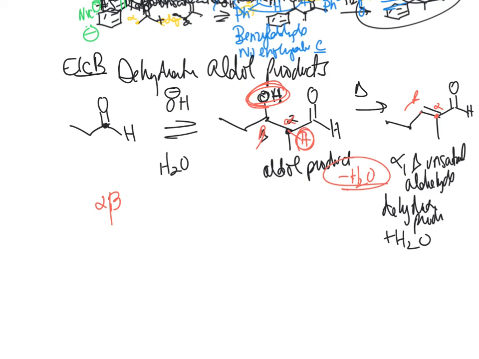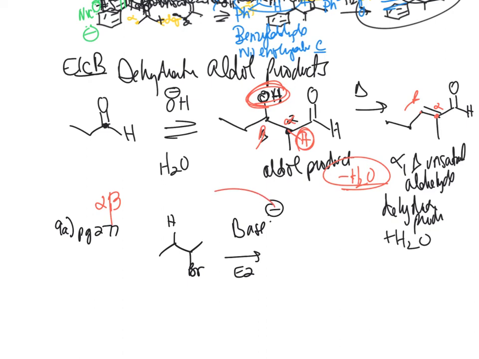Okay, number 9. In the following E2 elimination reaction, which two groups? This is 9A on page 277. So we've done this. You do the base, and it's an E2, and the base comes here and takes this hydrogen away, and those electrons.